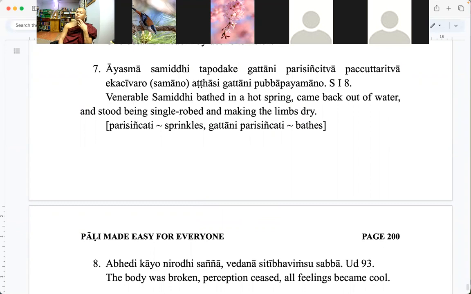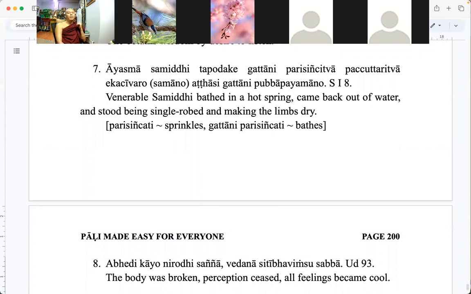It means that the Venerable Samiti took a bath in a hot spring and then came back out of the water and stood. How does he do that relating to being single robe? How is the relation in that one, Bante? How to make the meaning clearer?